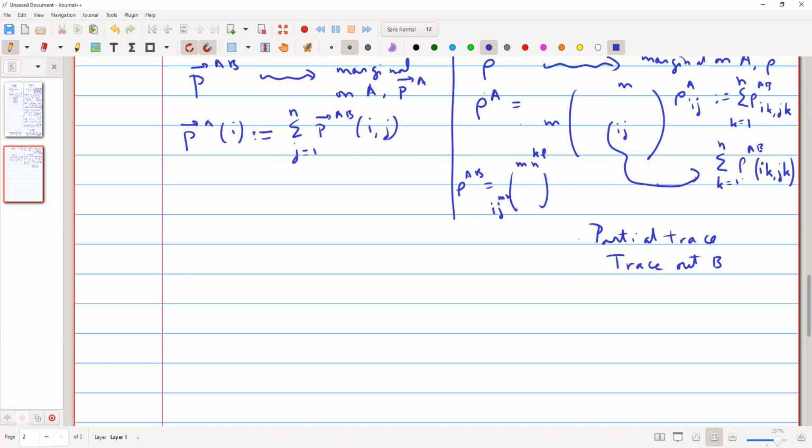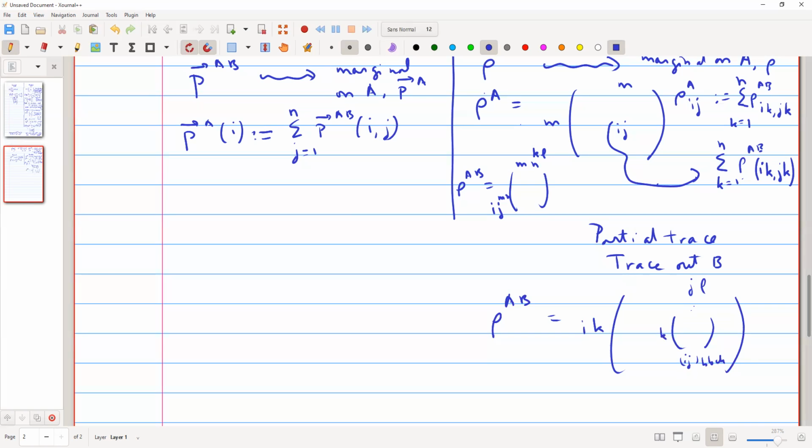So as Shantanu just said, let me show more pictorially what this means. So rho AB, how does it look? Of course, this is indexed by ikjl. But now what I'm looking at is the ijth block out here. I fixed i and j, but k and l are allowed to vary.